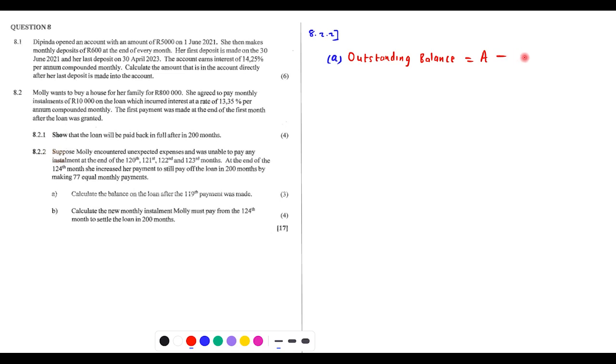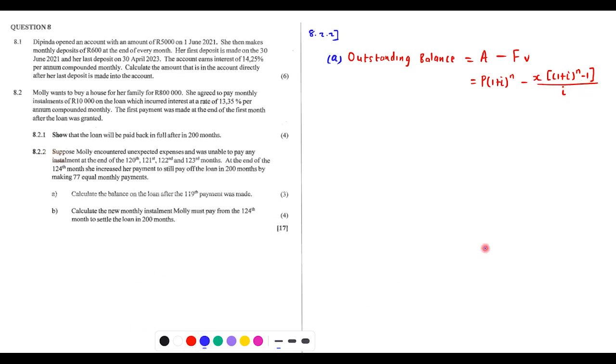Now this formula, if I'm writing all of it in full, I know it is P into 1 plus I to the N minus the future value, of course, which is going to be X into (1 plus I to the N minus 1) over I. Here you need to be very careful when you're using this formula, because when you don't understand what you're doing, then it becomes very, very terrible.